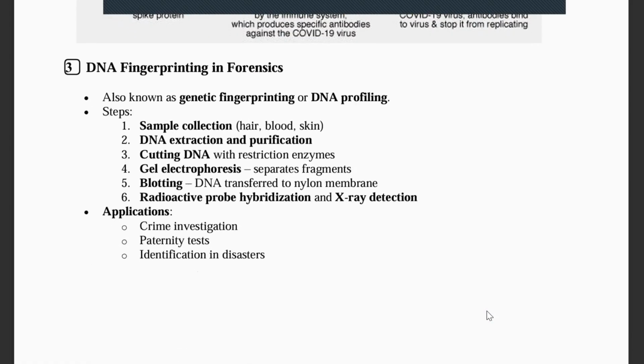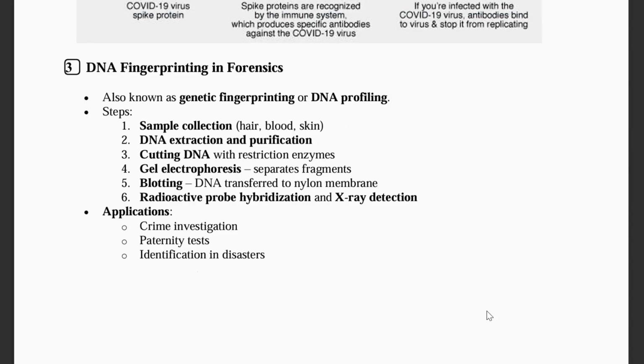DNA fingerprinting in forensics. It is also known as genetic fingerprinting or DNA profiling. What are the steps here? Firstly, we collect the sample, that is hair, blood or skin. DNA extraction and purification is done, cutting the DNA with the restriction enzyme, then gel electrophoresis, which separates the fragments. Then blotting, where DNA is transferred to a nylon membrane.